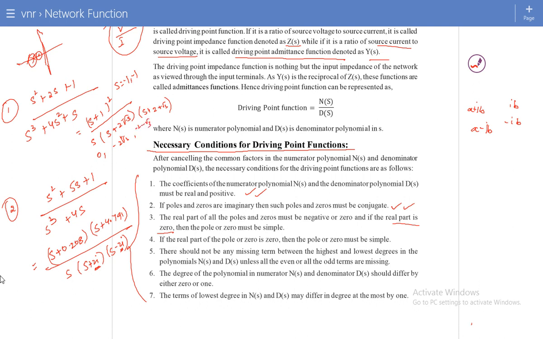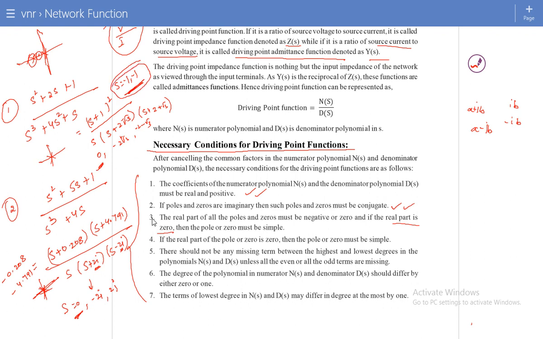Here in the second function, the zeros are -0.208 and -4.791, and the poles are 0, -2i and +2i. So all the poles and zeros are lying on the left half of the s plane, and those poles or zeros which are lying on the imaginary axis are simple poles, not repeated poles. We are getting repeated zeros, but they are not lying on the imaginary axis.